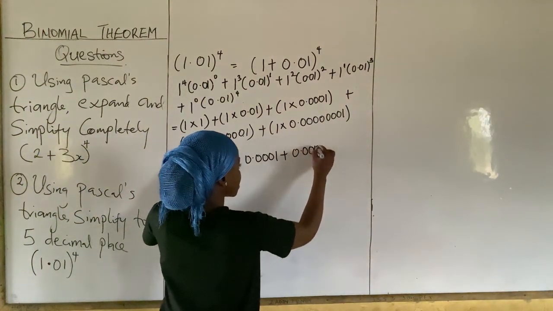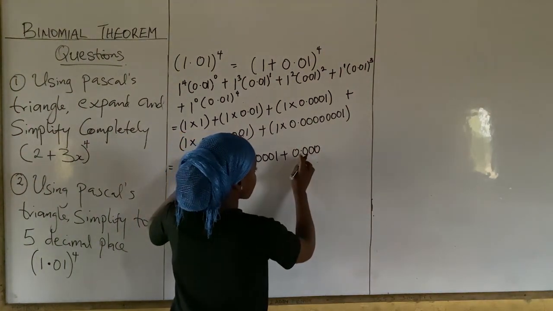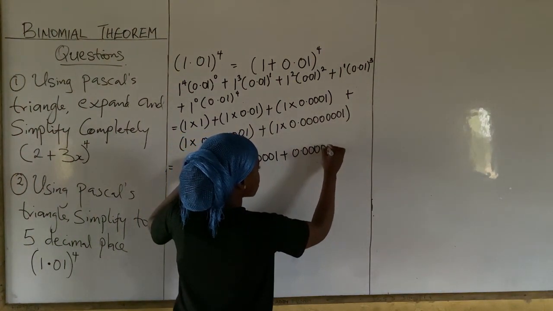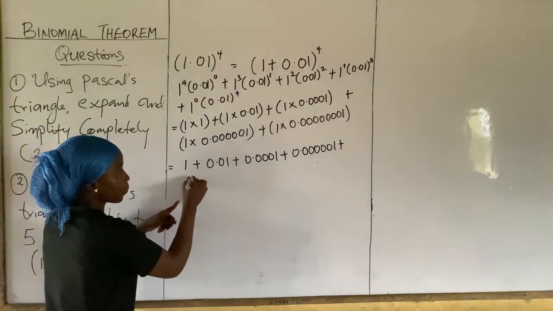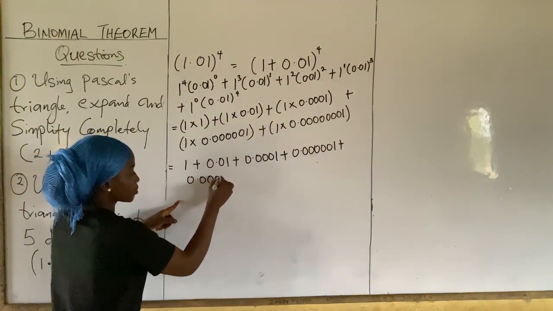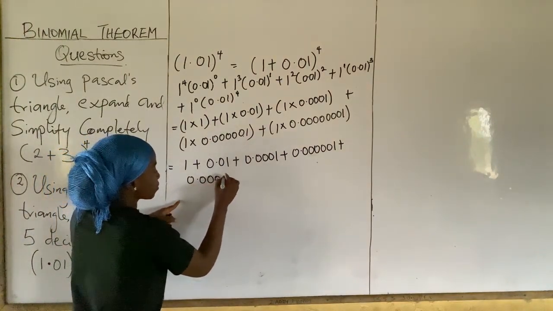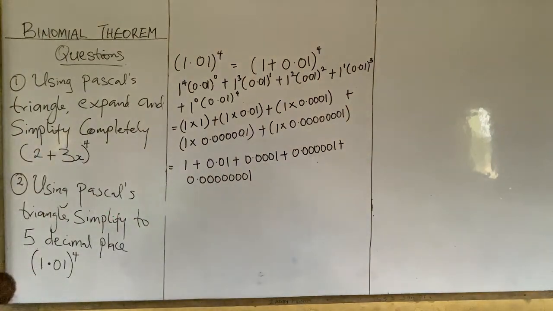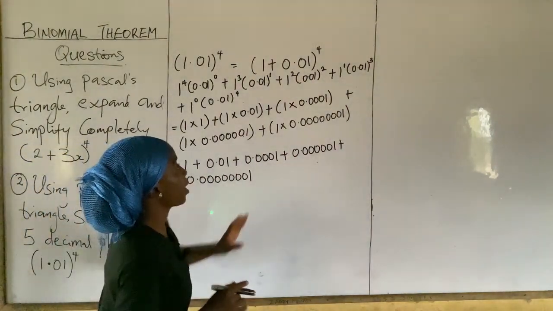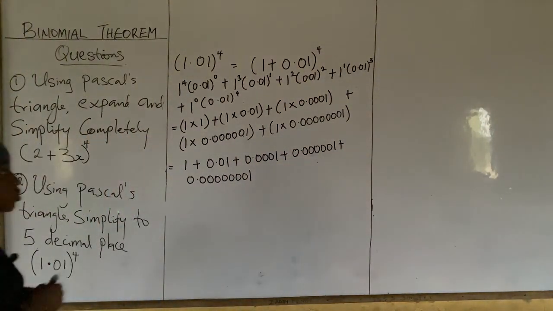The zeros have to be 6 because it's raised to power 3. Now the next one we have 0.00000001, that's to be 8 zeros because it's raised to power 4. So now remember our Pascal triangle for 4.